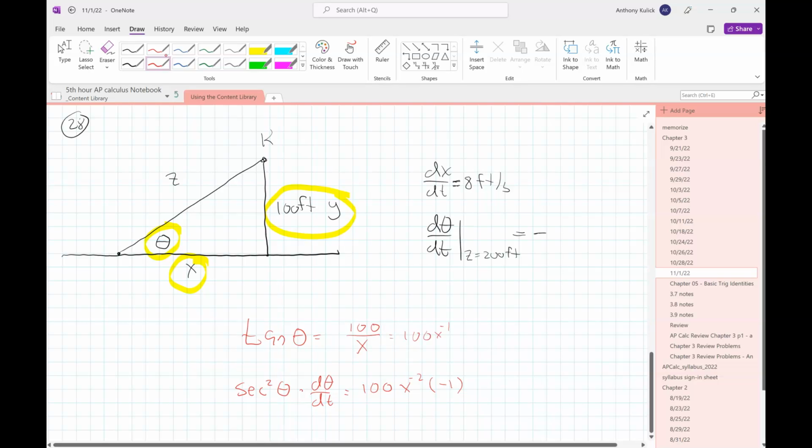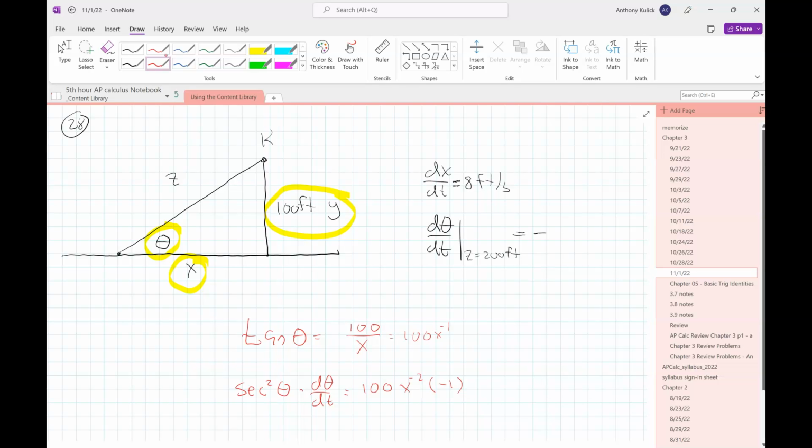Everybody's okay with that? Oh, yes. Okay. You could have just made that one. Yeah, you could have. I'm just trying to show the power rule going on. Everybody's okay? All right.